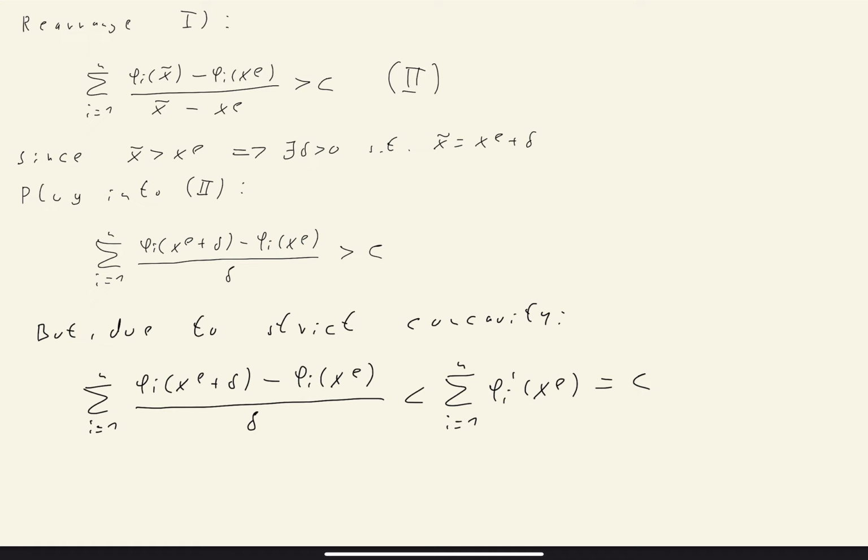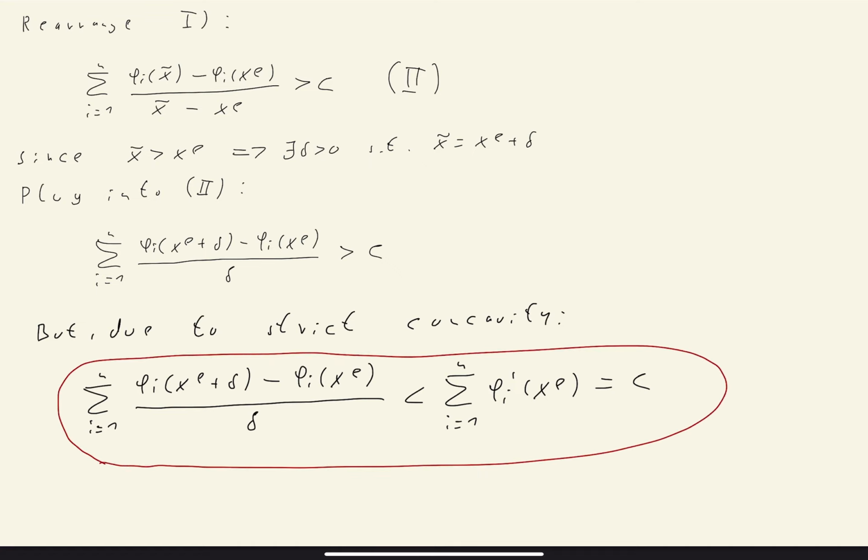Yeah, so this was our starting point. And now we simultaneously have that this here holds. So this is strictly smaller than c. So the sum here is strictly smaller than c.